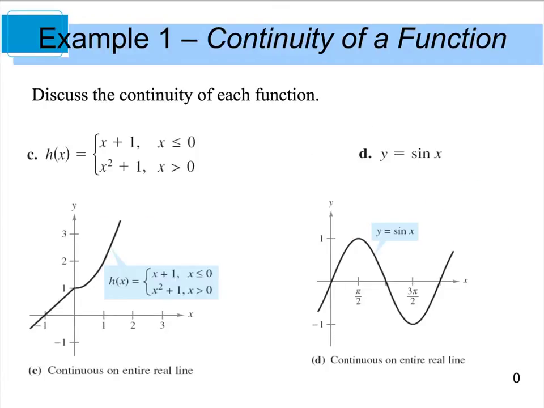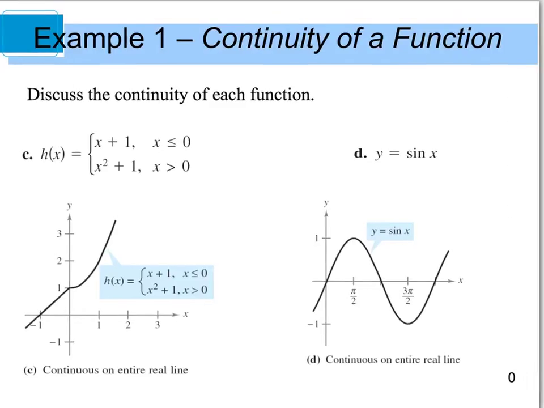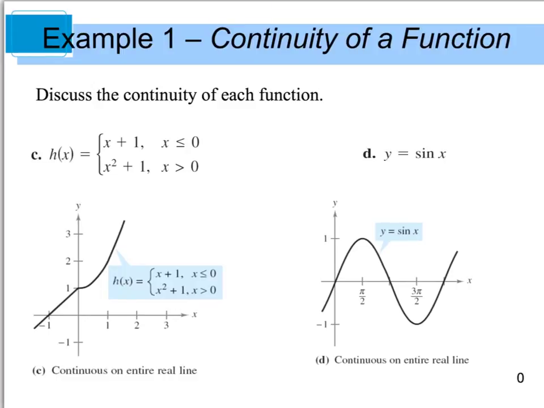Okay, now part C has a piecewise function, and because my piecewise gives me a defined domain, I have x plus 1 when x values are less than 0, which is this part of your function, less than or equal to 0. And then I have x squared plus 1 when x is greater than 0, which is right here.